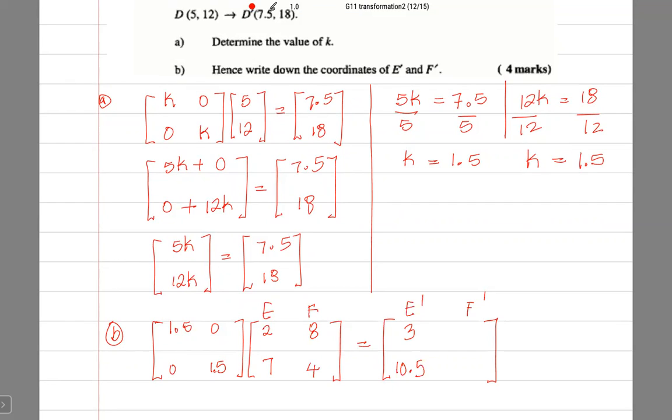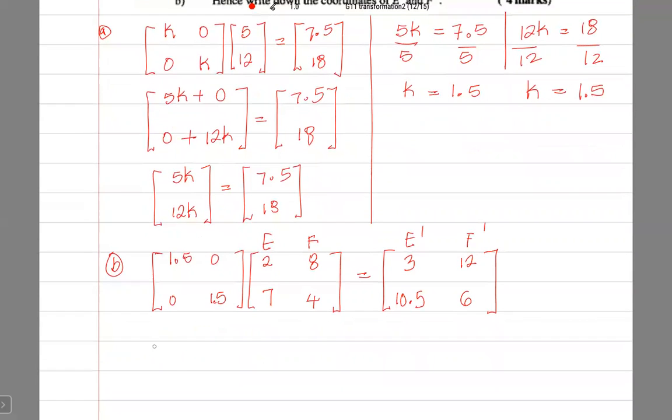If you multiply 8 by 1.5, you get 12. And if you multiply 4 by 1.5, you get 6. So E prime would be the point (3, 10.5), and F prime would be the point (12, 6).